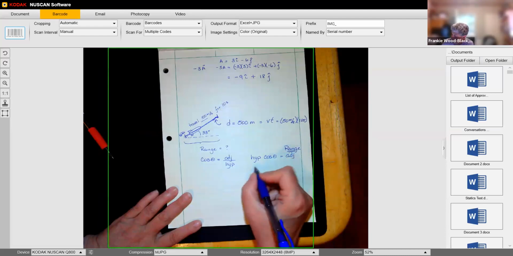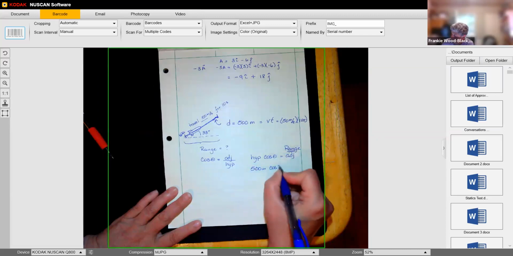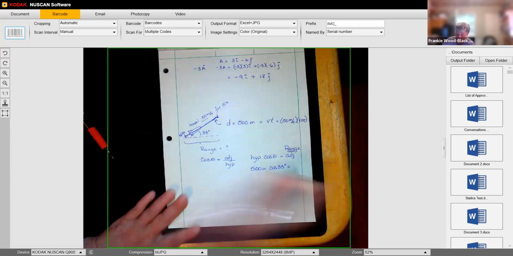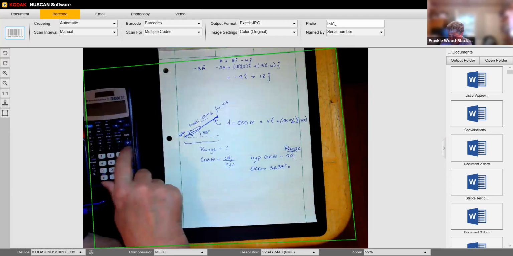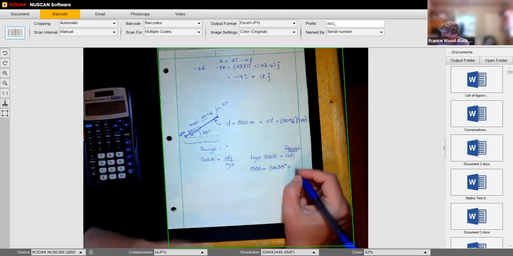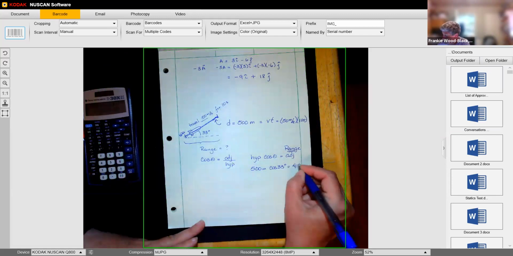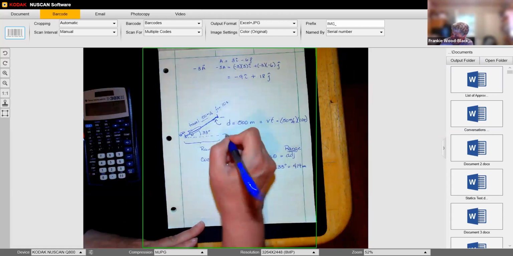So now we know that that's going to be 500 meters, cosine of 33 degrees. It says that we traveled 419 meters.